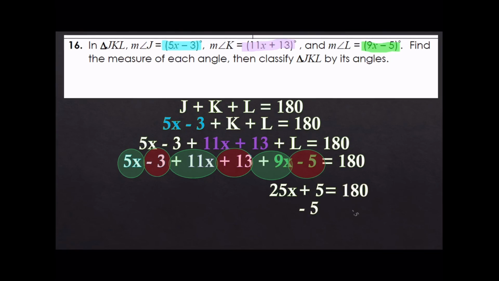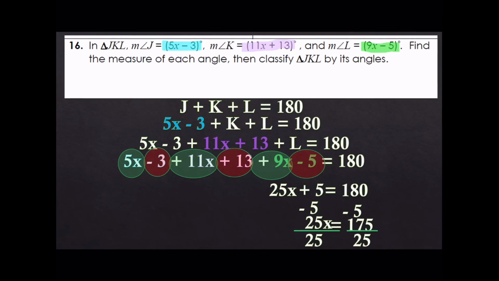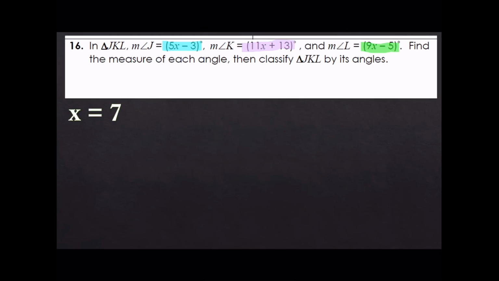Subtract 5 from both sides. So 25x equals 175. Divide both sides by 25, and x equals 7. With me? So since x equals 7, I have found the value of x, but this says find the measure of each angle and then classify.